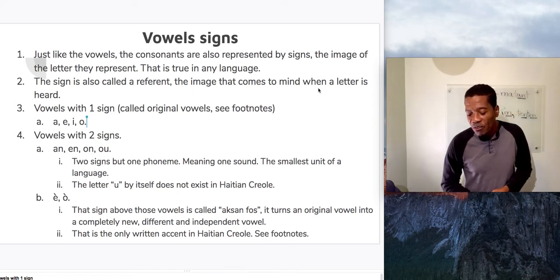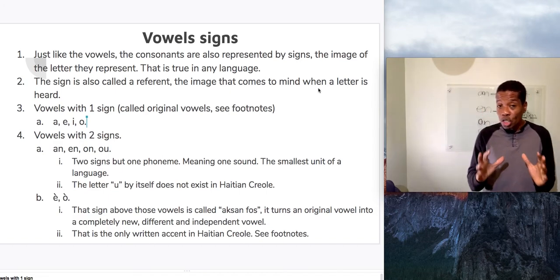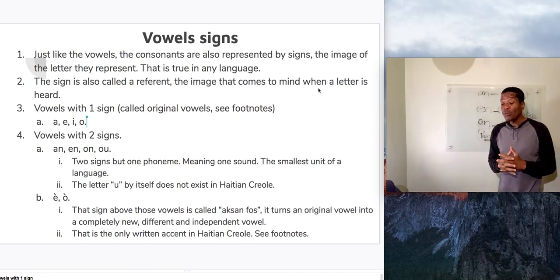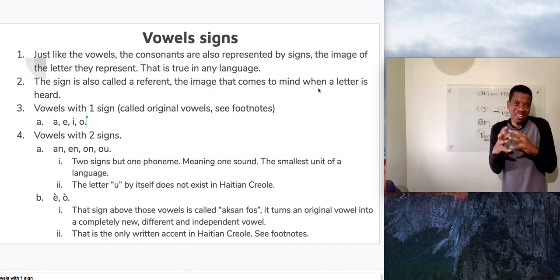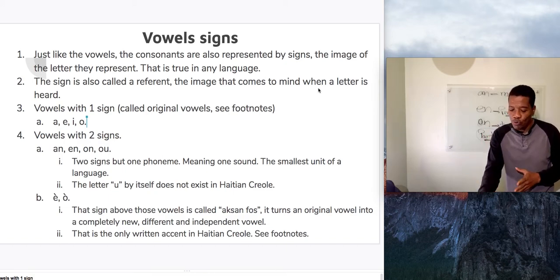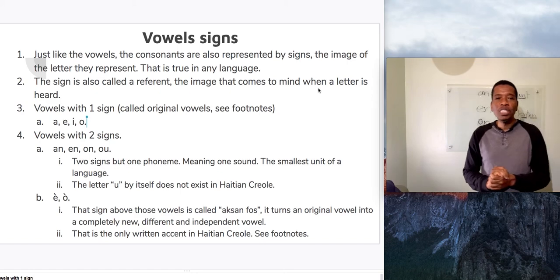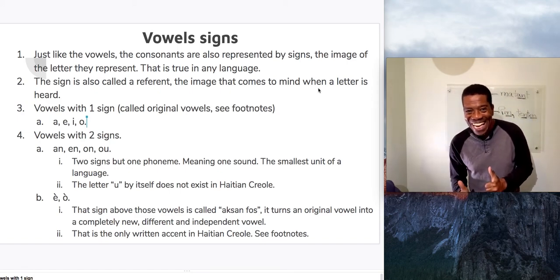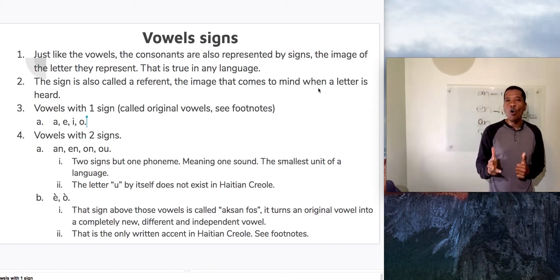Now, the vowels with one sign, that's what we studied first. Some vowels are represented with one sign. And I call those original vowels because nothing is mixed to it. You see, it's by itself, it's on its own. Those are those four you see here. And again, let's pronounce them: A, E, O. I would like for you to do that. Please try to pronounce them.